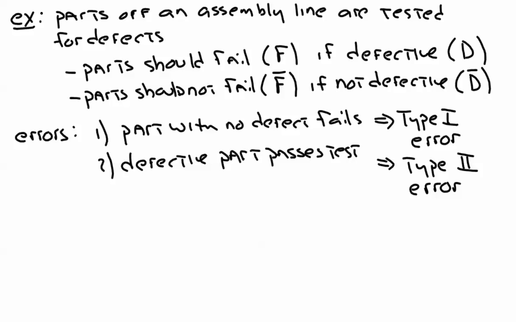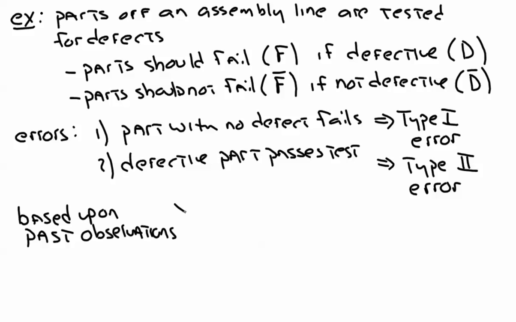All right. So for this particular test, we've been doing it for a long time. Based on prior observations, we've collected a lot of data. We know the following. Based on past observations, we know that the probability that the parts are good, probability that they are not defective, is 95%.